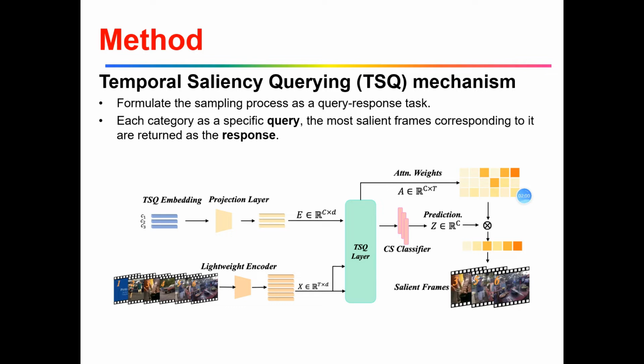After feature embedding, video features and query embeddings are passed into the TSQ layer to compute cross-attention rates, and a class-specific classifier follows to obtain a cross-video class prediction. During testing, we take out the cross-attention rates and the predicted class, and select the frames with the highest scores of the corresponding class.